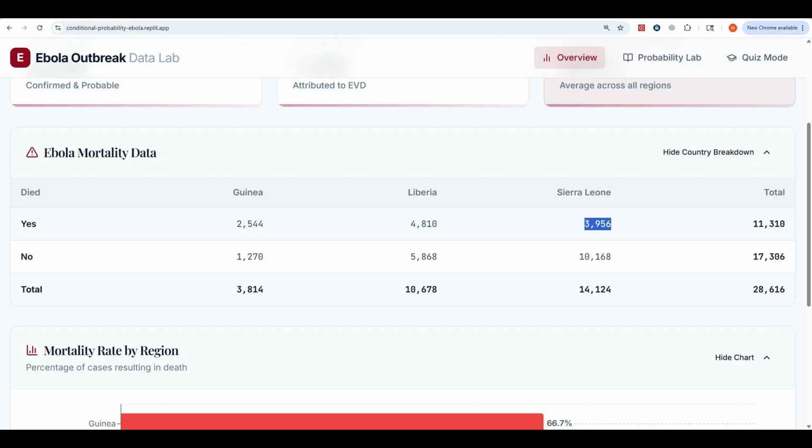So the probability of that is the 3,956 divided by the 28,616. Right? So that's the probability of that intersection. We're considering all of the cases and just saying which ones are the ones that have these two characteristics, Sierra Leone and mortality, and then we'll calculate the probability out of all of our sample that they have those characteristics.